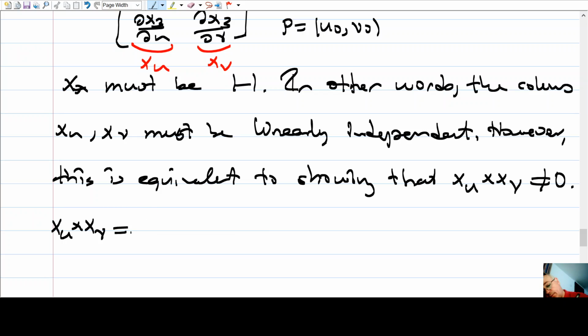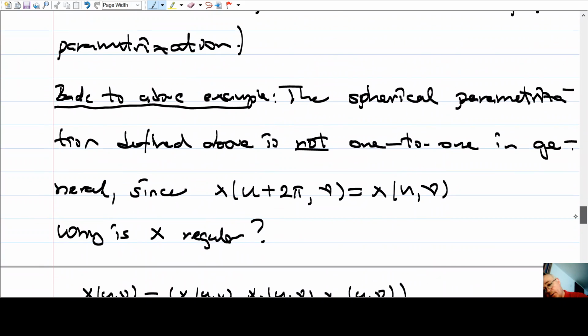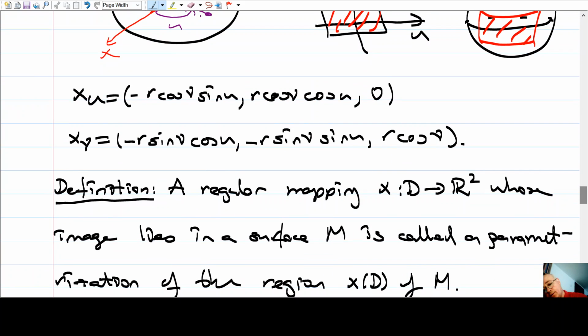Here are my velocity vectors. I will take the cross product of these two.